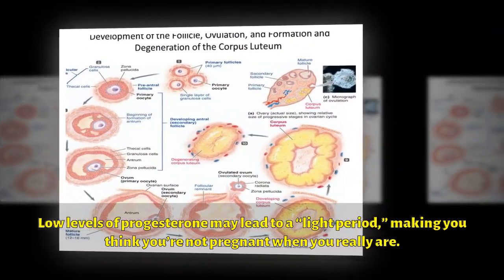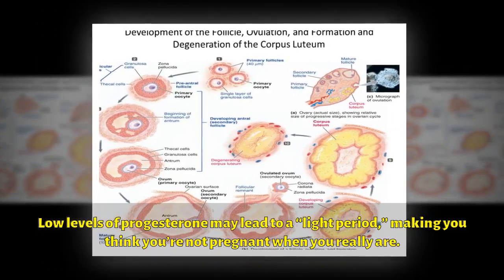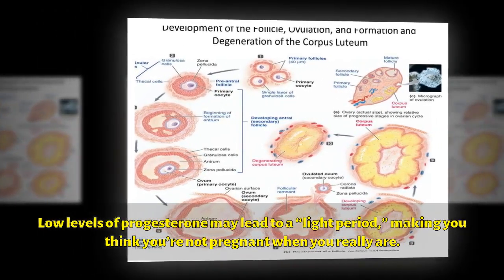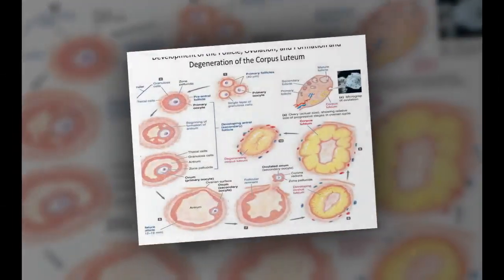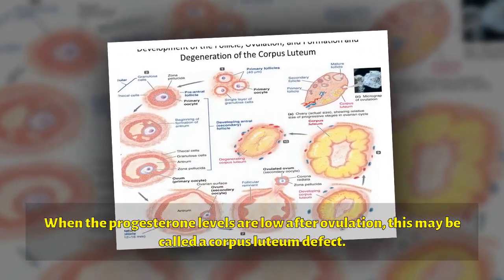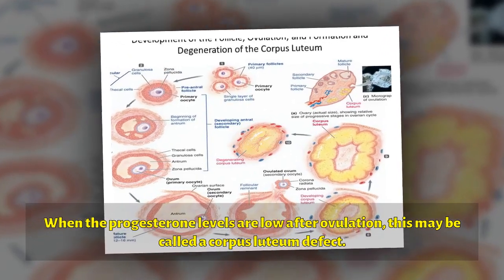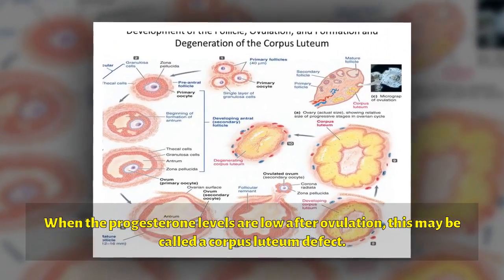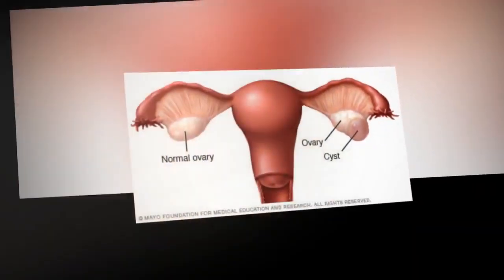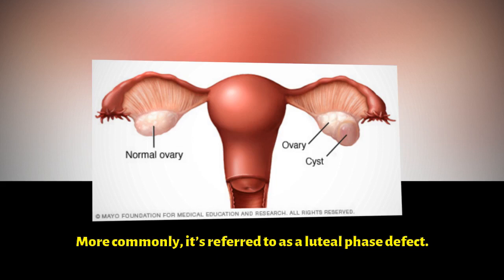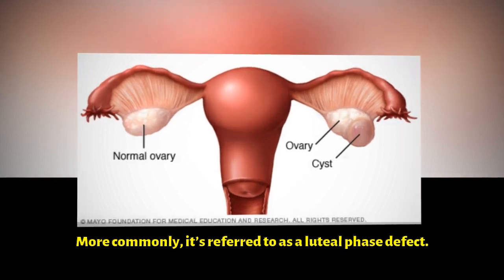Low levels of progesterone may lead to a light period, making you think you're not pregnant when you really are. When the progesterone levels are low after ovulation, this may be called a corpus luteum defect. More commonly, it's referred to as a luteal phase defect.